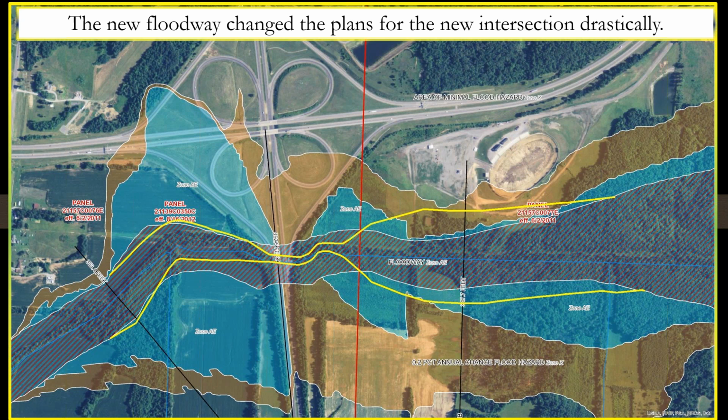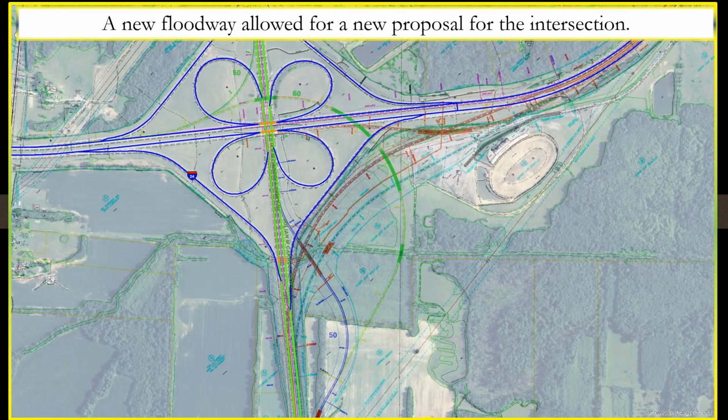Well, now that we have this new mapping, we could actually change the plan, the alternate, for what this interchange could look like. And so what they did wisely is the project team moved all of the structures to the east side of the Purchase Parkway, and made all the bridges cross that very short 100-foot wide floodway.